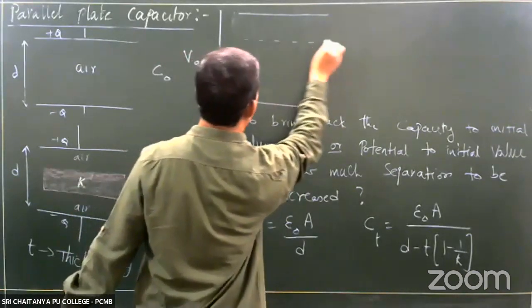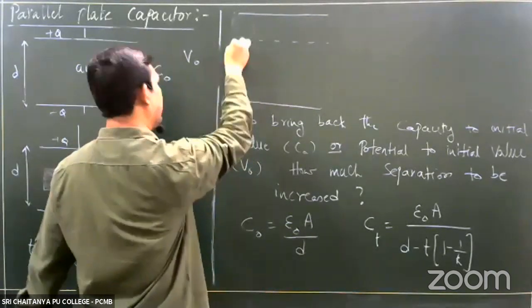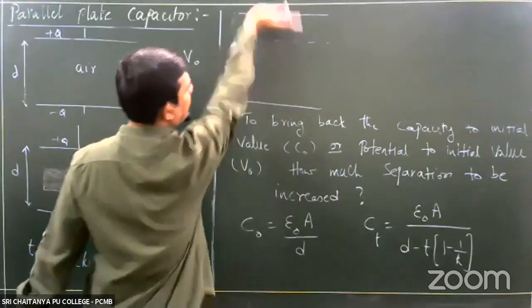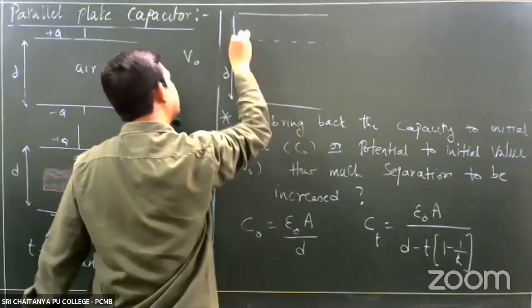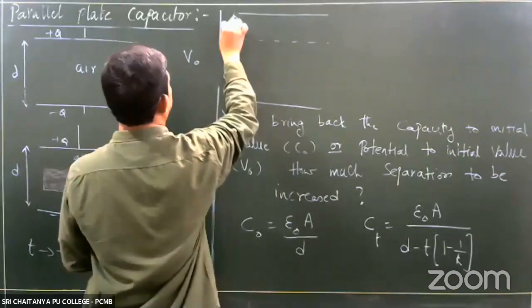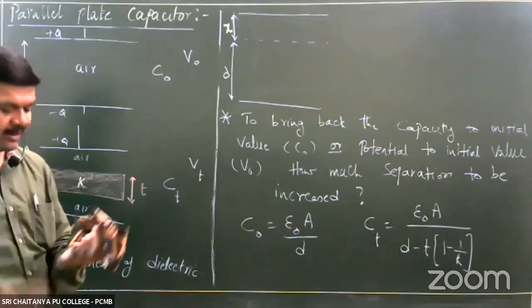Actually the plate position is from here to here, D, then I increased the separation. I took this plate a little bit above. This increase in separation, I am calling it as X. Separation is increased by X.